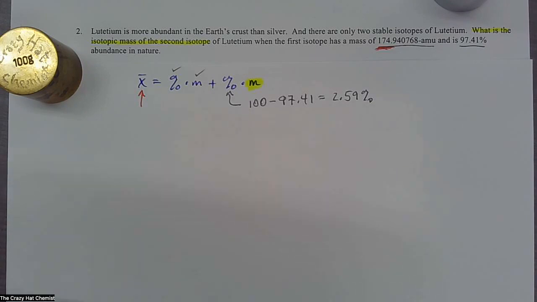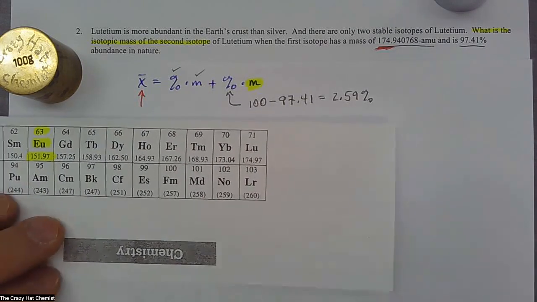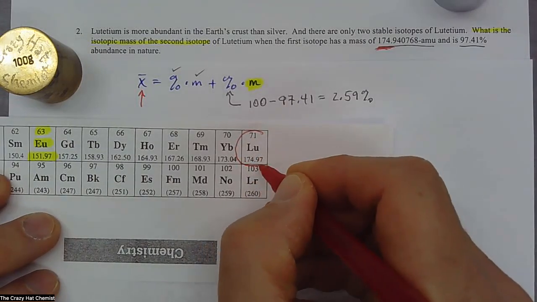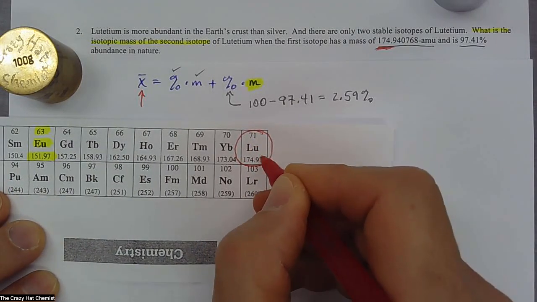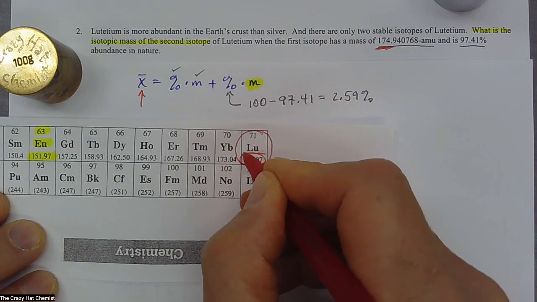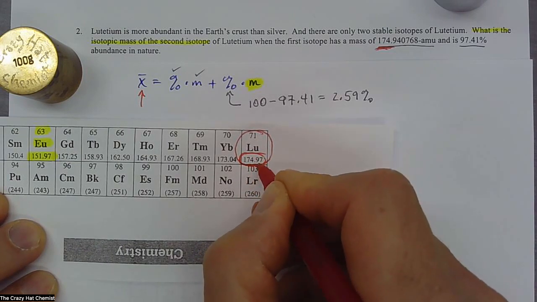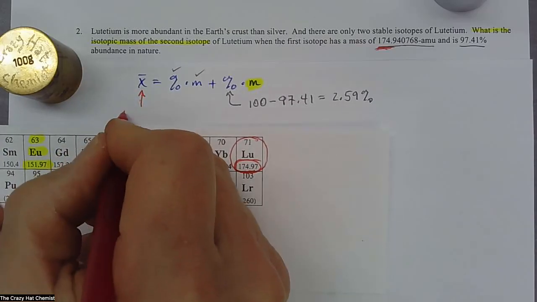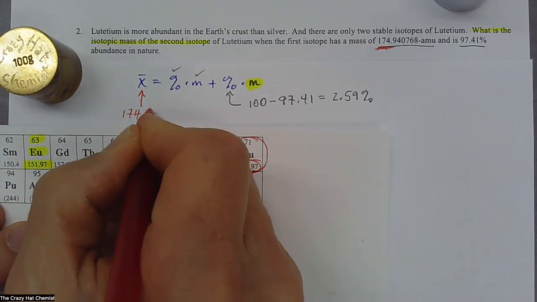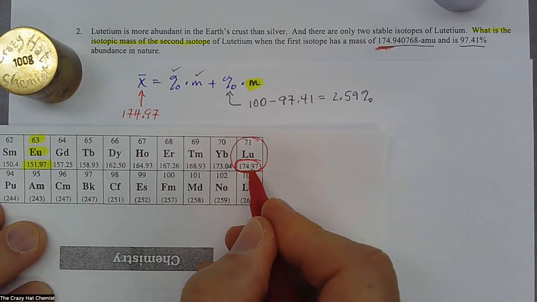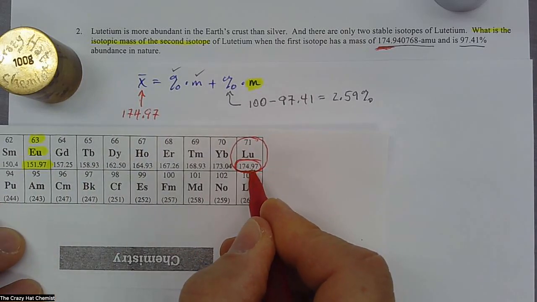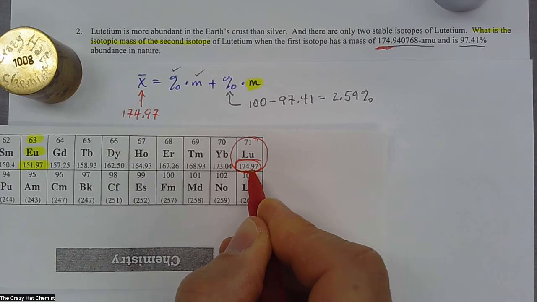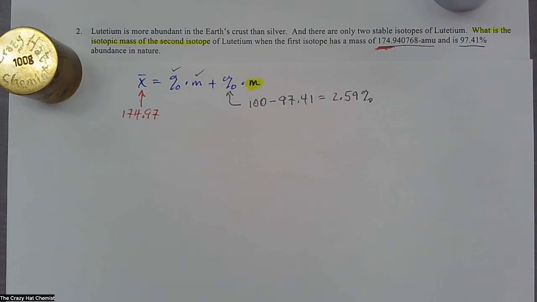It doesn't have to exactly equal 175, but here it is right here. It's atomic number 71. There is the average atomic mass, 174.97. So I'm going to replace this value with 174.97. You should see that that number is coming directly from the periodic table. Perfect.